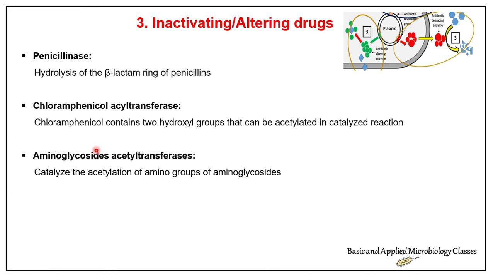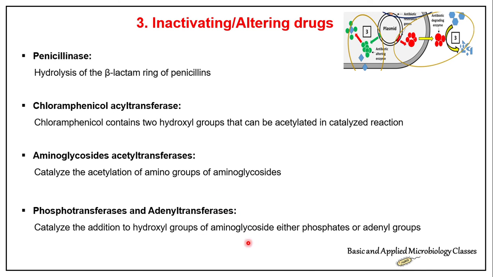How do they use such enzymes? They use them to carry out acetylation of the amino group of aminoglycosides. Now you see the next example, phosphotransferases and adenyl transferases. These represent other types of enzymes which are expressed by various types of bacteria to develop resistance against, again, aminoglycosides. Aminoglycosides are also having what?